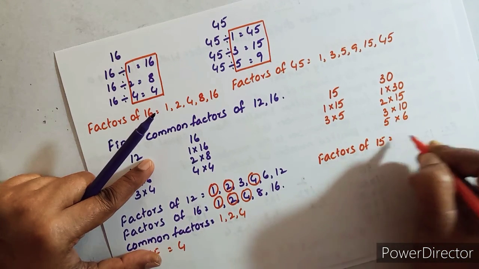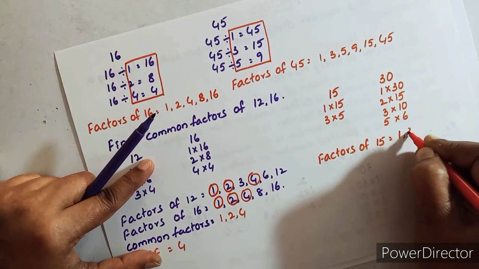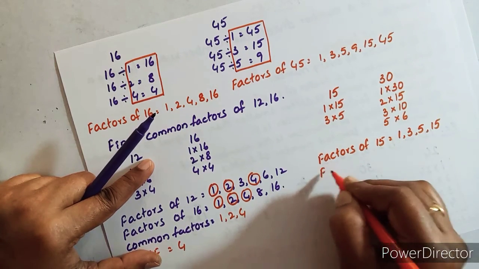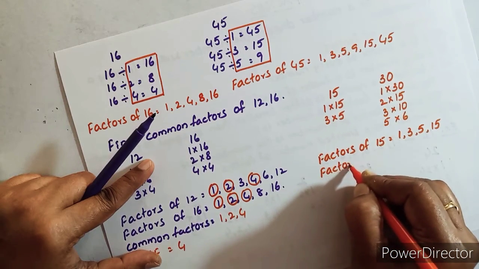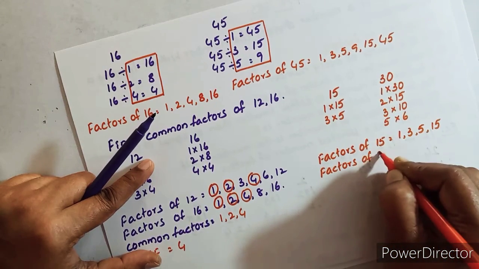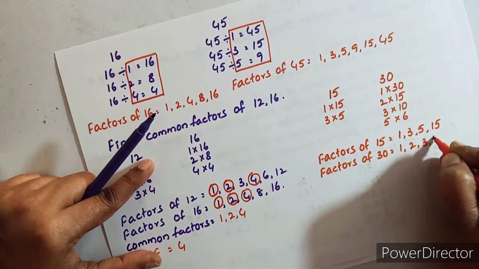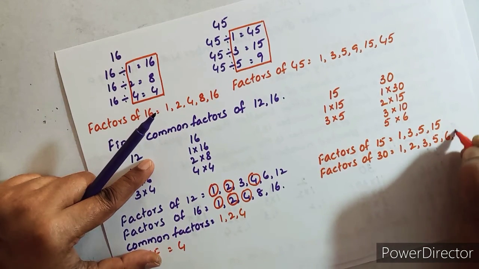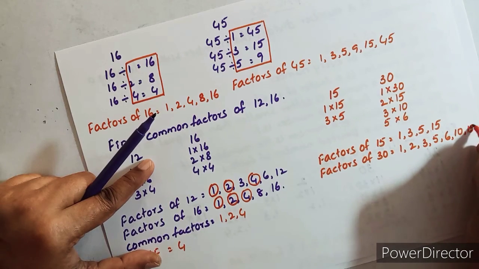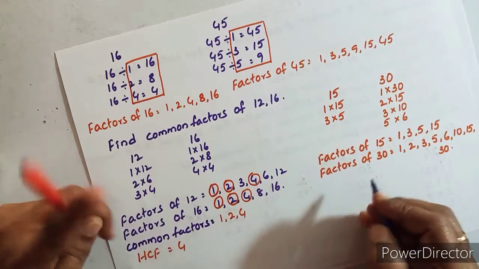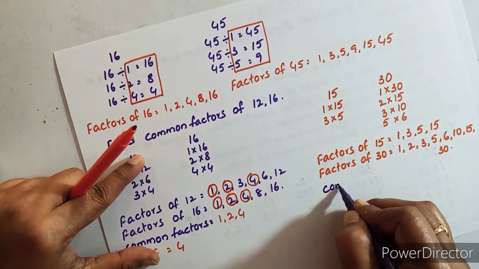Now write factors of 15. What are factors of 15? 1, 3, 5, 15. Very good. What are factors of 30? 1, 2, 3, 5, 6, 10, 15 and 30. Now it's time to find the common factors.